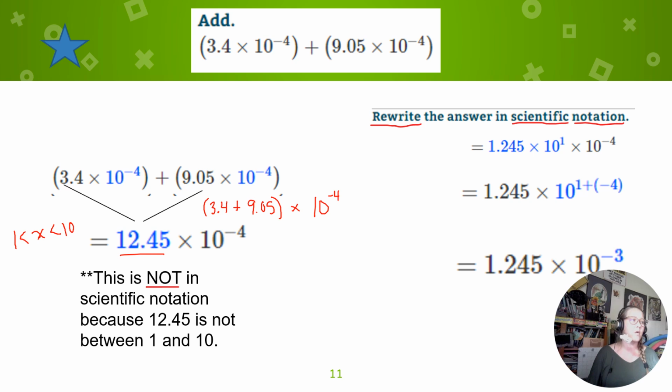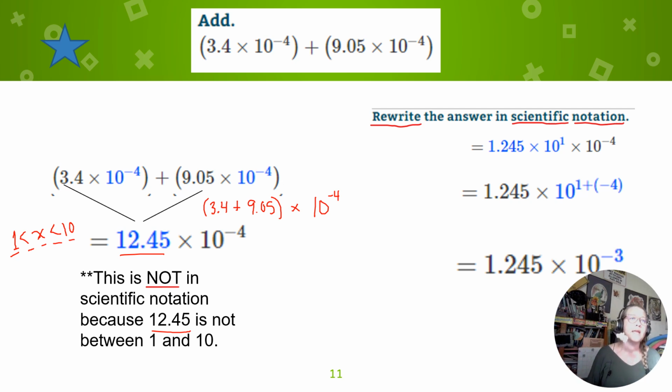Okay, and remember all this says is 1 is less than x is less than 10, if we just read it like a sentence. I'll make that 1 look more like a 1, less like the line of a K. All right, so 12.45. Can't do it. Not going to work. But we can rewrite this in scientific notation by taking an extra step.